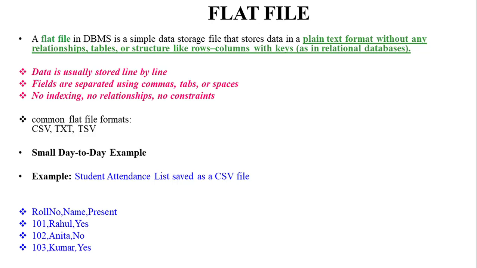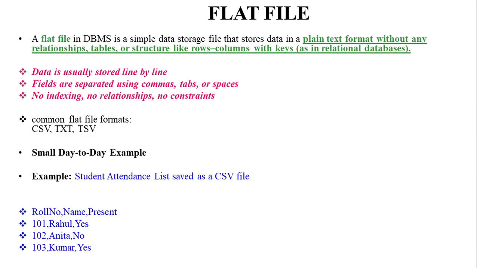Now, just to have a look at the specifics of your flat file. As we said, this flat file in DBMS is just a simple data storage file. It can store the data in plain format without any relationships or tables, and it doesn't have a structure with rows and columns with keys as we see in our relational database.